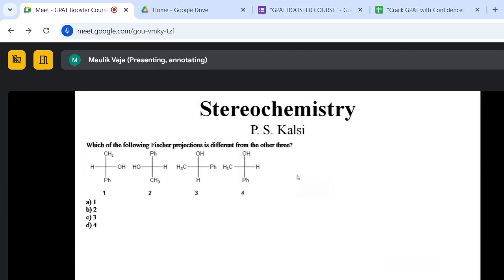Next, which of the following Fischer projections is different from the other three? Which is different from the other three? Can you tell?